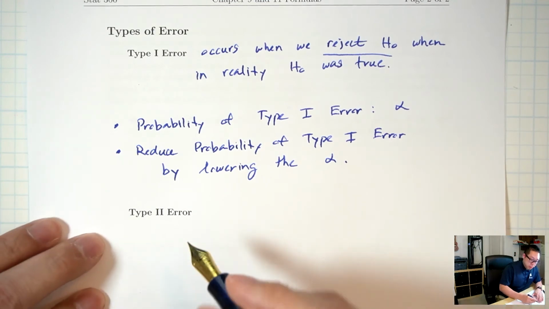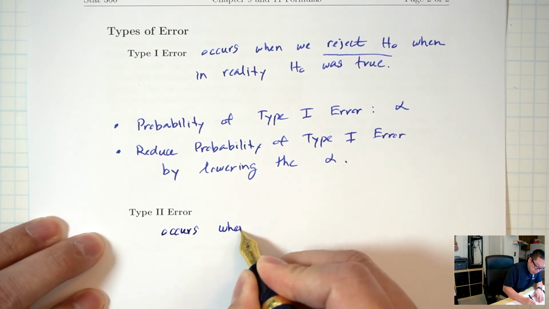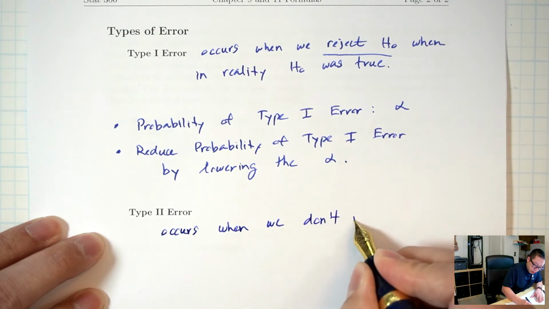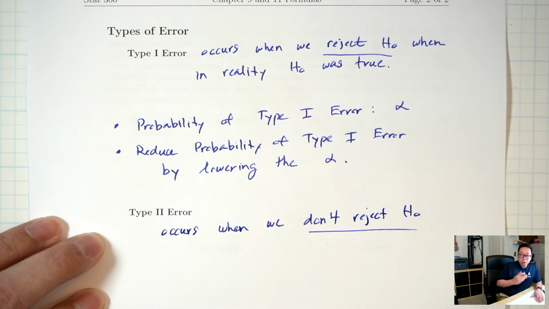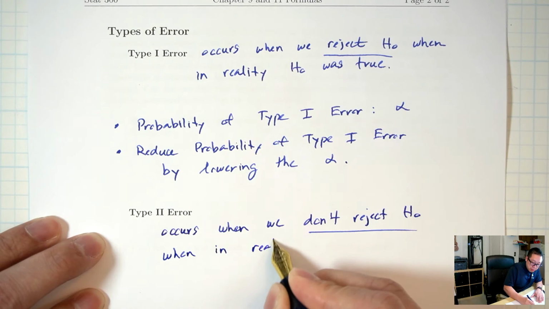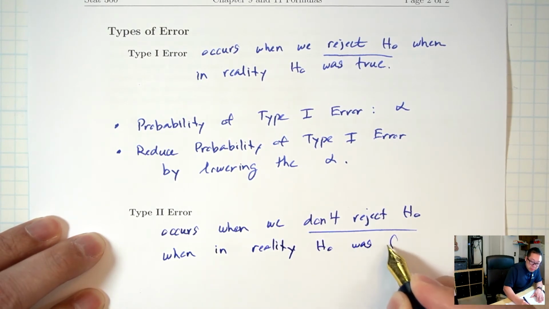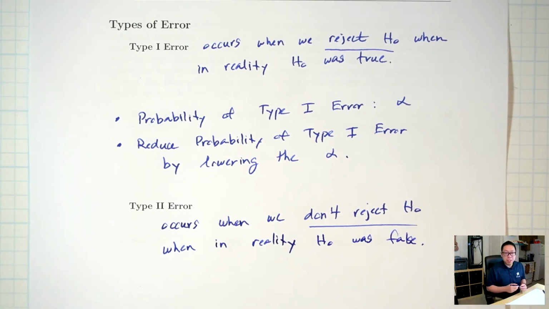A type 2 error occurs when we don't reject, so when we don't reject H0, when in reality H0 was false. So H0 is false, but the data is telling us to do the wrong thing. It's telling us to not reject H0, even though it's false.